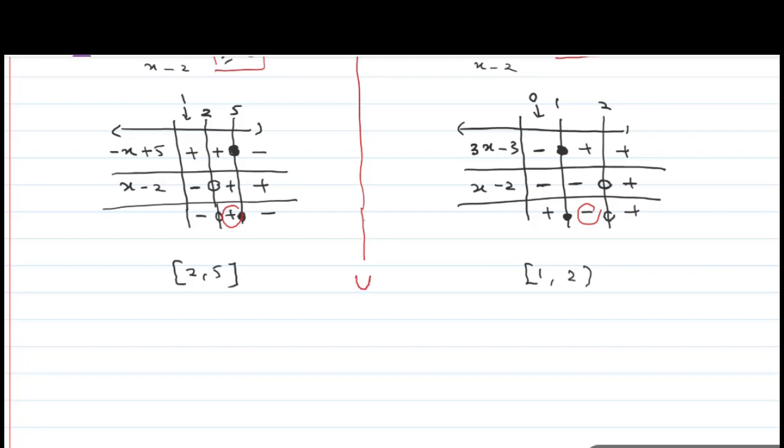To simplify the interval, you are going to use a number line. So we have 1, 2, 5. So the first interval is from 2 to 5. Sorry, here the sign should be open, from 2 to 5.